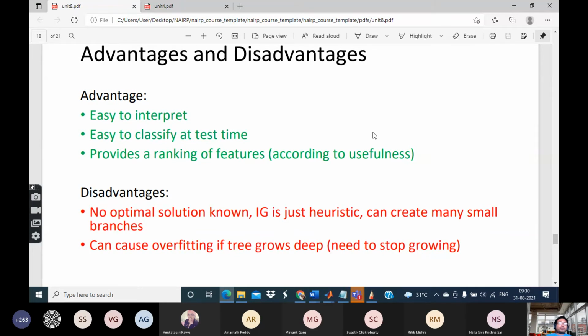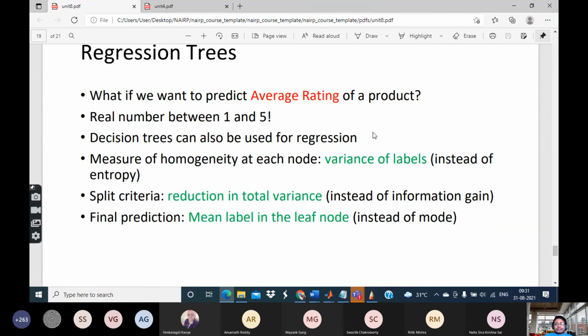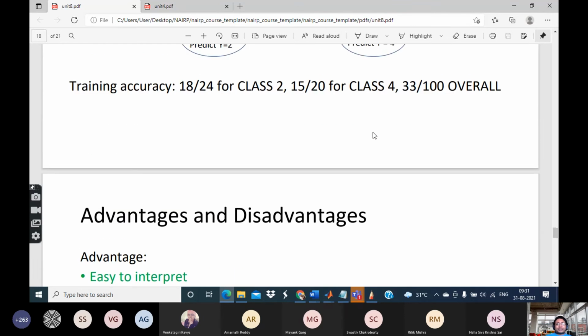You never try to make yourself perfect on the training example. Rather, you leave some space to generalize, so that even if your performance on the training set is not perfect, you always have a scope of doing well on the testing set or on the validation set. Okay. So that is basically what this decision tree algorithm is all about.